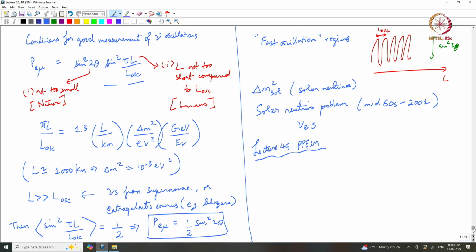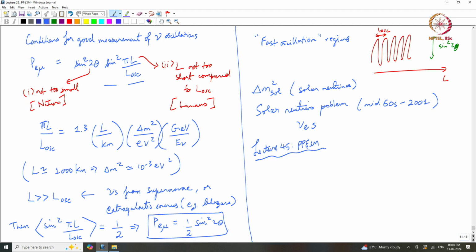And finally we saw what happens in the fast oscillation regime. This is when the baseline turns out to be much larger than the oscillation length, which is determined by the energy and the delta m squared. This situation can arise in neutrino astronomy, when you have neutrinos from supernovae, extragalactic sources and so on.